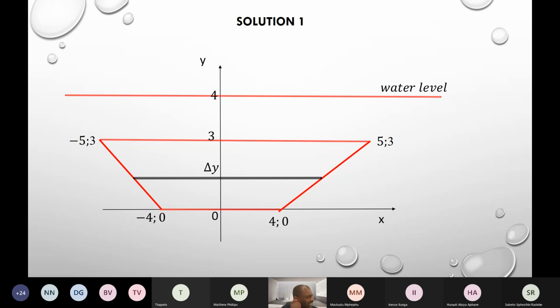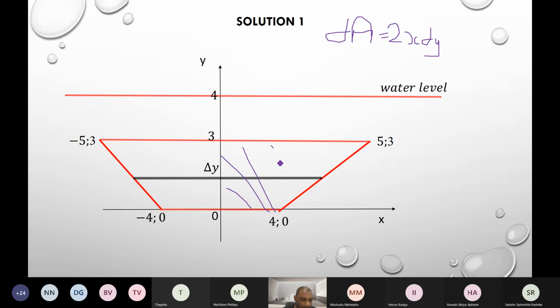Now, remember when I was telling you, what did I tell you? I told you that dA is equals to 2x dy. Now, this one area here, let me shade it in purple.